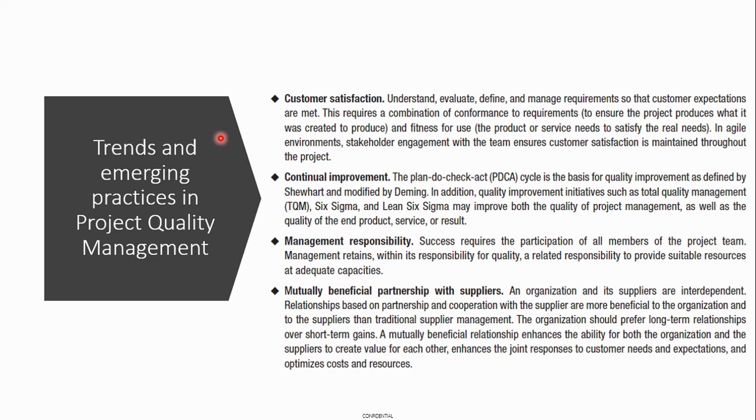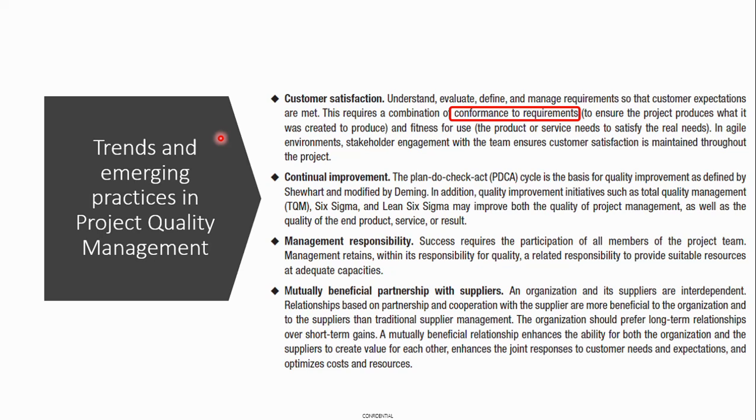Right. So some emerging trends and practices in project quality management is basically what they say is that customer satisfaction is the most important thing, and the product should conform to the requirements.